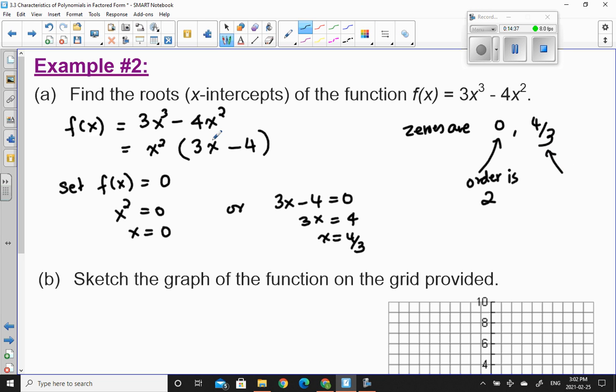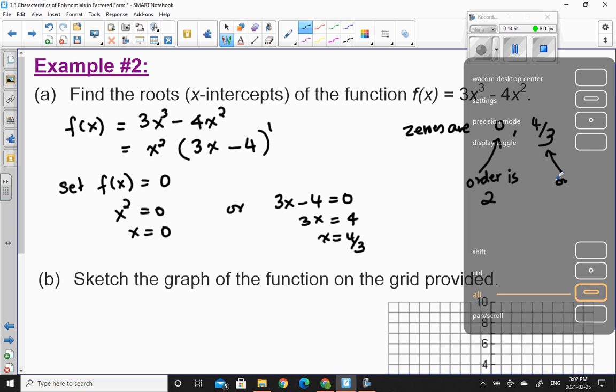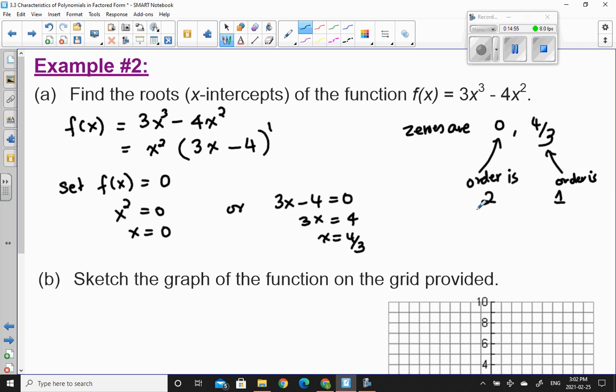At x equals 4/3, because the order is 1, it's going to be linear. They didn't ask us that, I just wanted you to remember that.